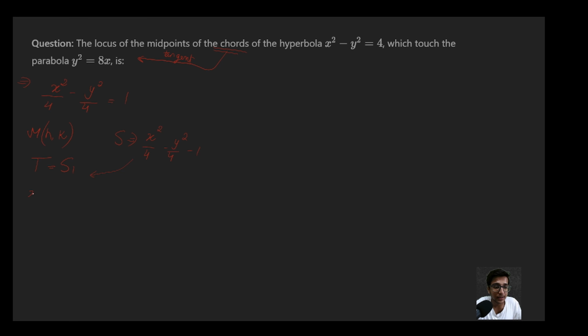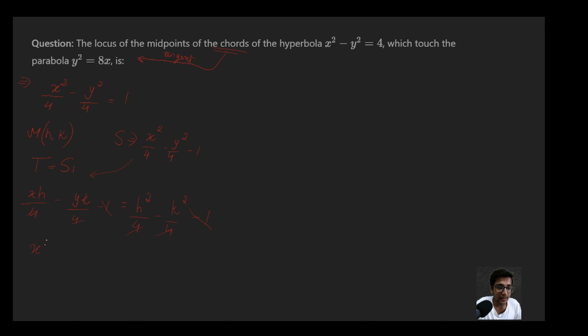T can be written as x1, x1 is h, upon 4, minus y1, y1 is k, upon 4, minus 1, is equal to S1. So this is written as h square by 4 minus k square by 4 minus 1. So minus 1 gets cancelled, and 4 gets cancelled, common from all the terms.